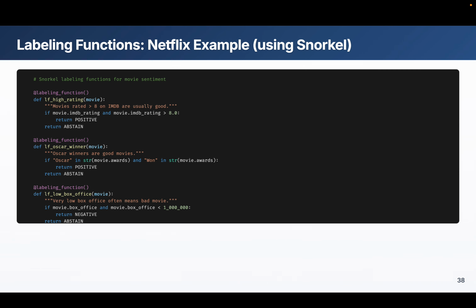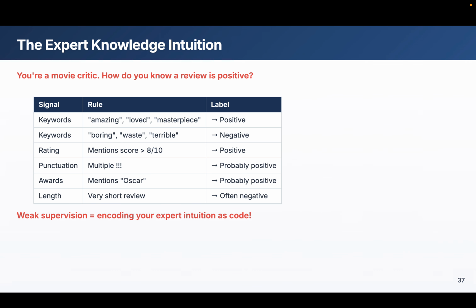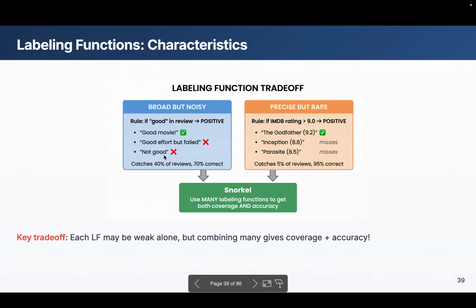Now, when we have these different kinds of labeling functions, we have to think about the diversity that they represent. If you see a function such as "if good is in the review", good will probably be there in a lot of reviews.